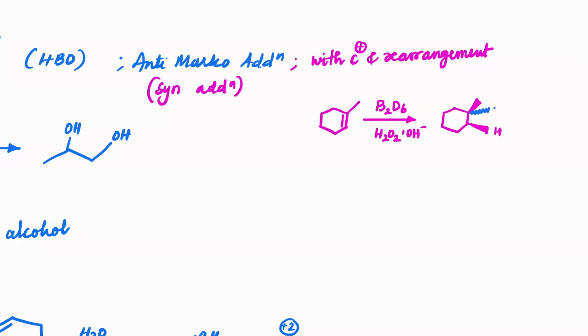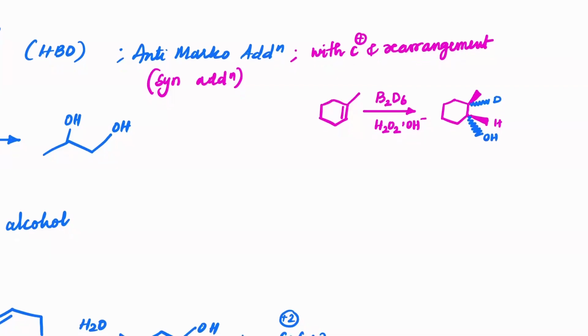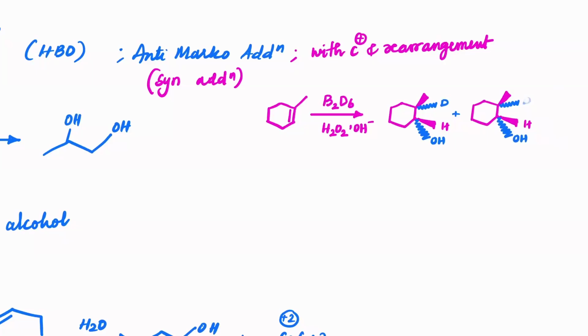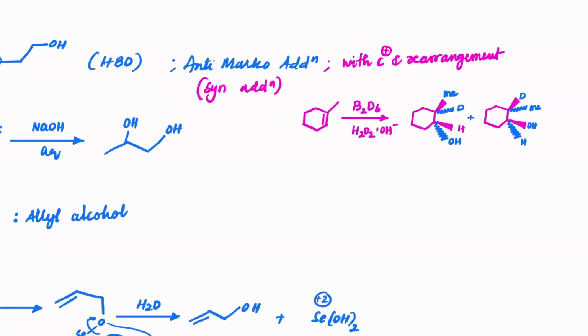One is here we will get deuterium, and here we will get OH. This is a product. The other one will be its mirror image, with deuterium here and OH here, methyl here and hydrogen here. So you will get syn hydration.